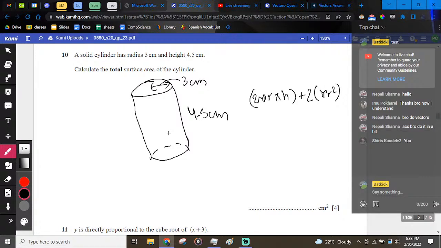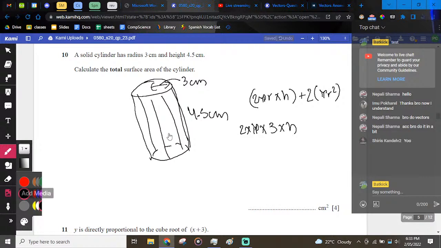So your circumference, 2 times pi times 3, times your height gives you this curved side, which is 2 times pi times 3 times 4.5. It's 27 pi. That's the curved side.